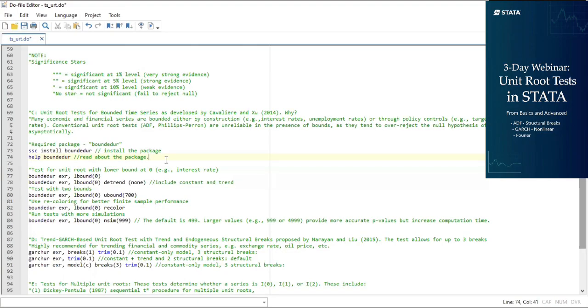It's bounded by 0. Some authors argue that this can actually affect the series. If a series is bounded, that it has a highest or lowest value, it can affect the performance of a test. So that is why the bounded unit root test was introduced.